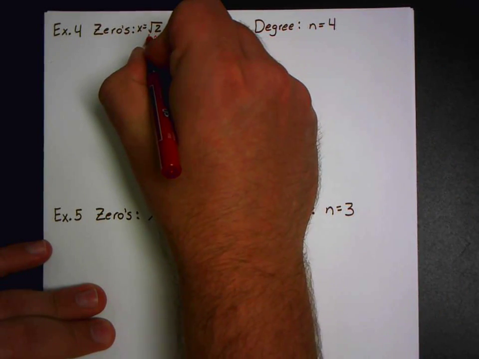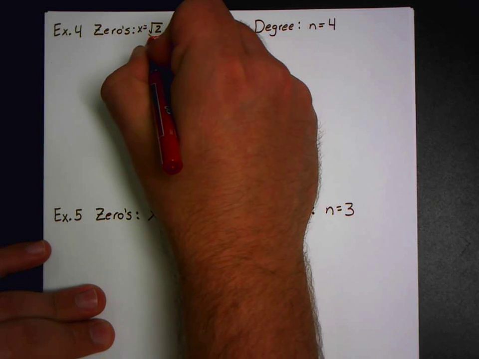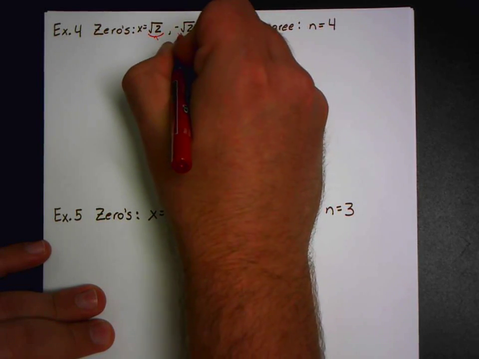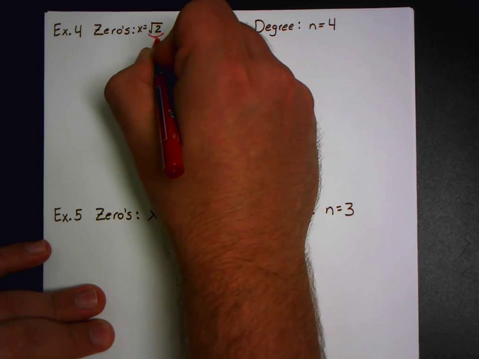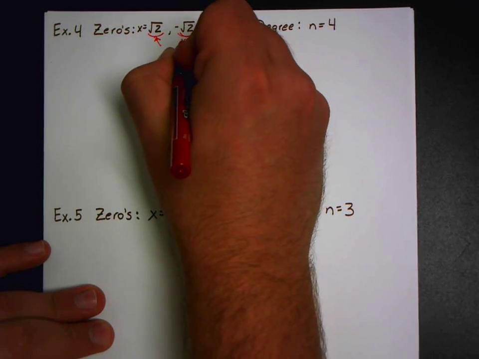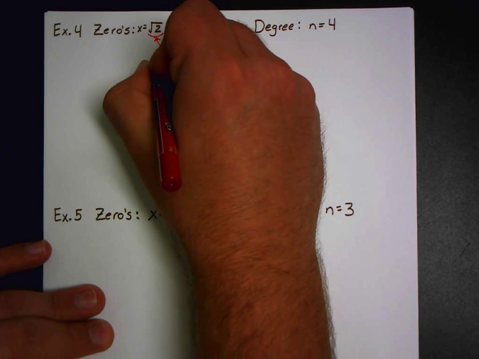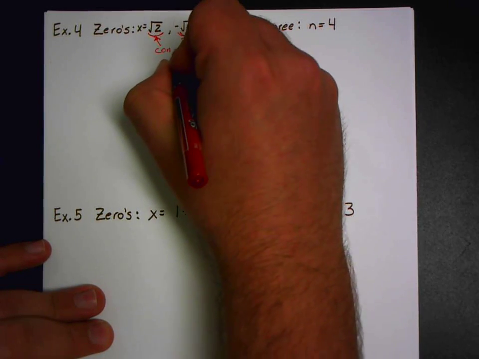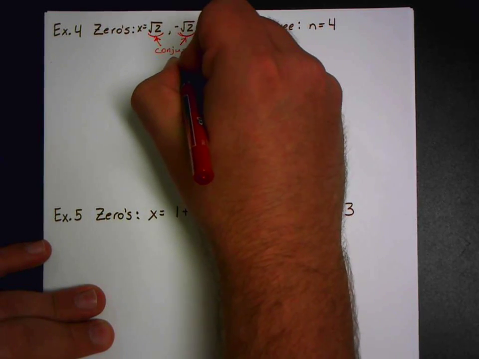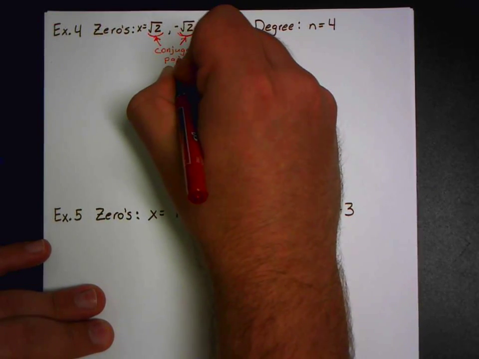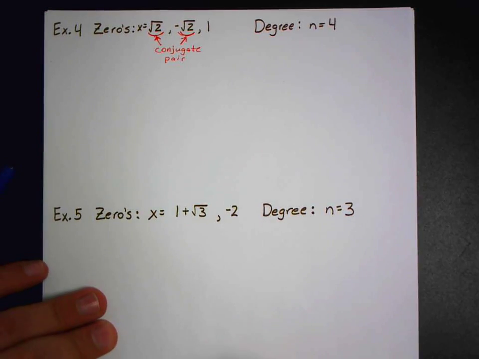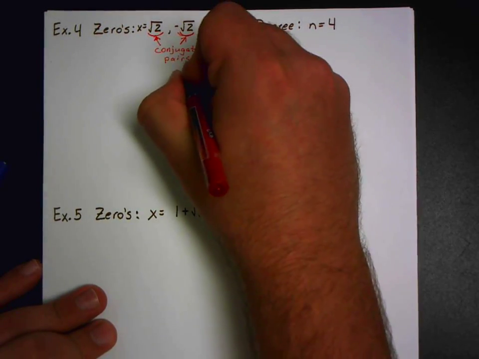Anytime you have square roots, and imaginaries, when we get to the imaginaries, they always have to occur in something called conjugate pairs. Conjugate pairs look like this.